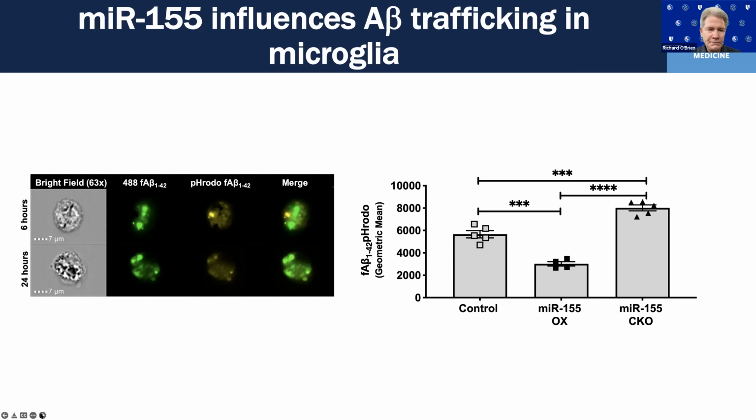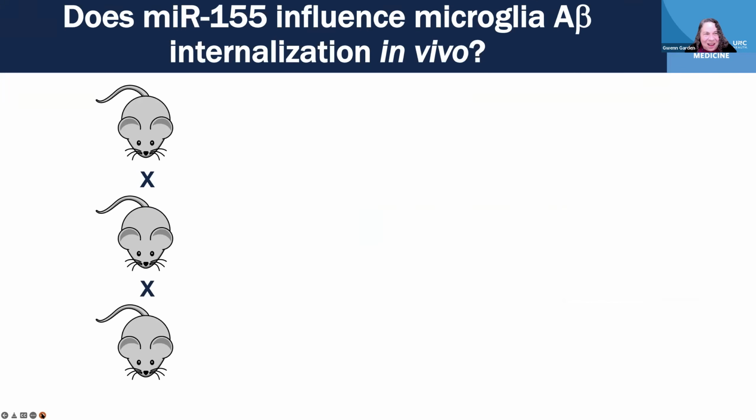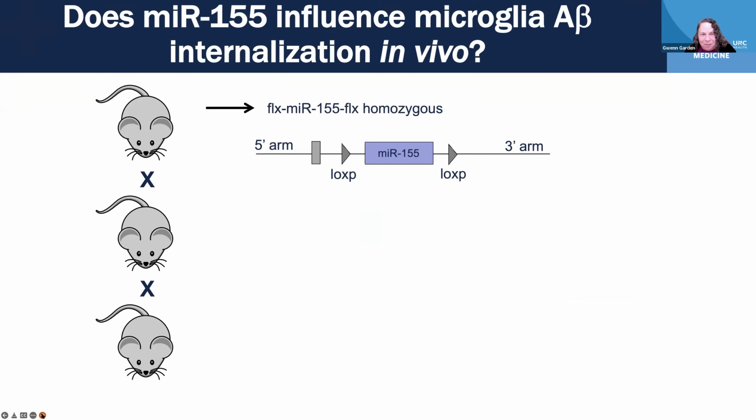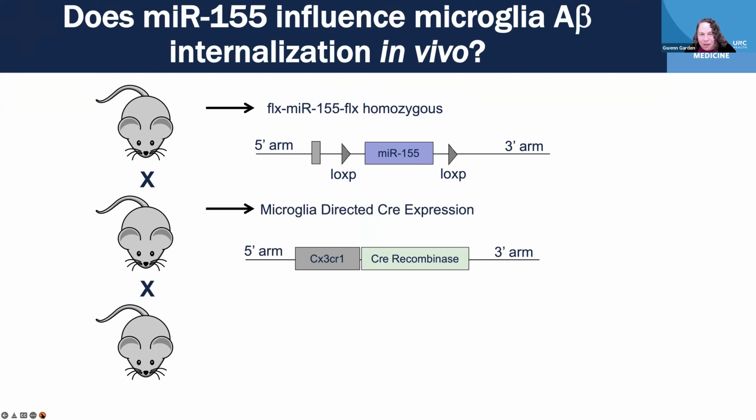Okay, all right. So then what we did was we crossed the miR-155 floxed mice with mice that expressed CRE recombinase under a microglia specific promoter that is induced by giving the animals tamoxifen.